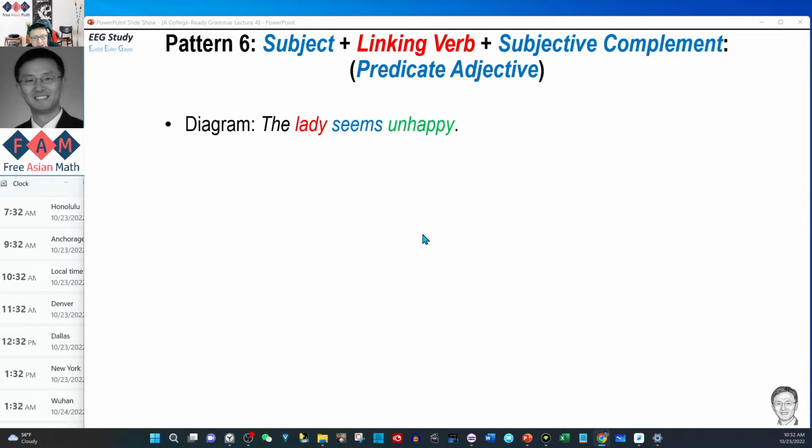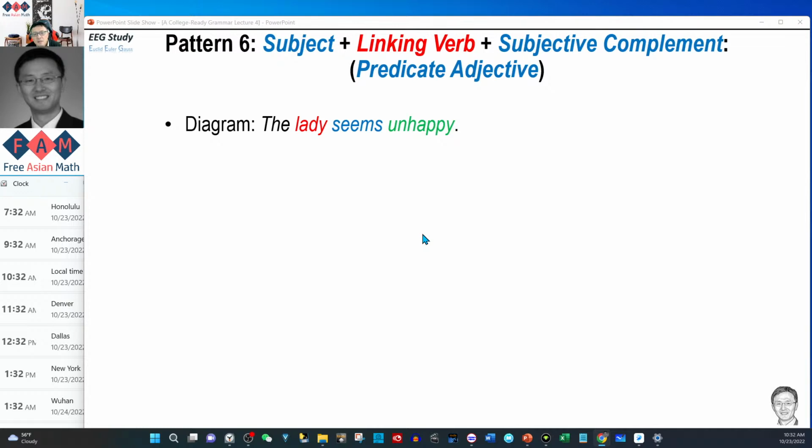It describes the mental state of the lady. So it's somehow modifying the subject, the lady here. But the modification is through the verb, which is seems here.